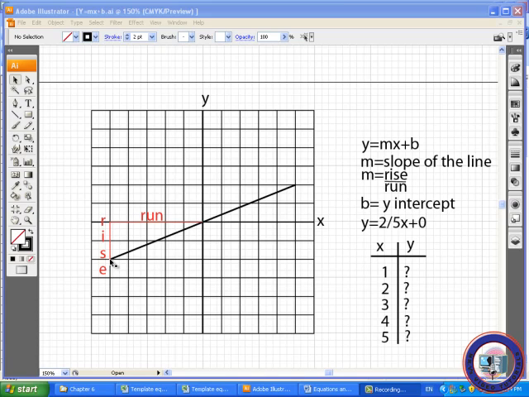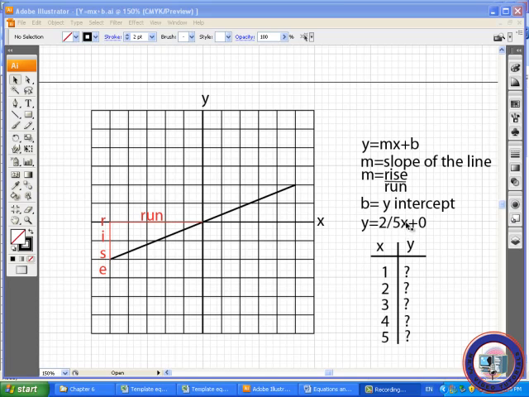And these are both positive because they start here and they move up. So 1, 2, up, which makes it positive, and to the right, also on the x-axis, makes it positive. 1, 2, 3, 4, 5. So my slope is actually going to be 2 over 5, or 2/5. So the 2 is the rise, and the run is 5.